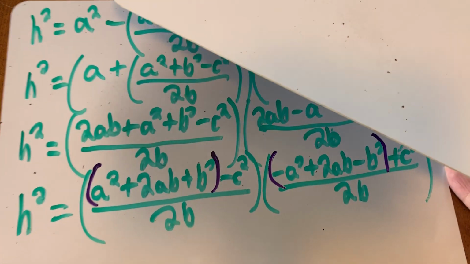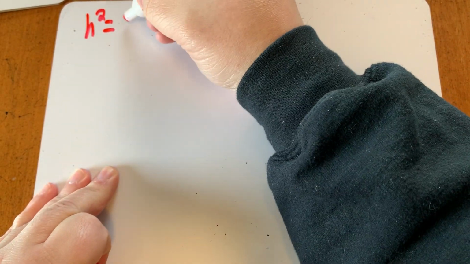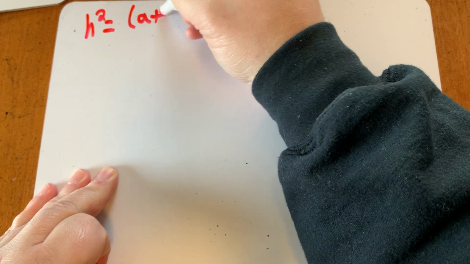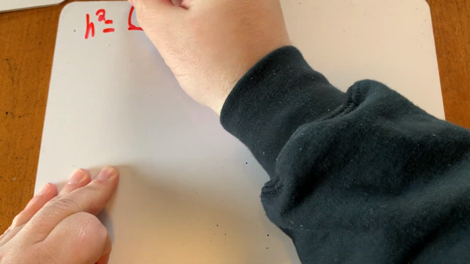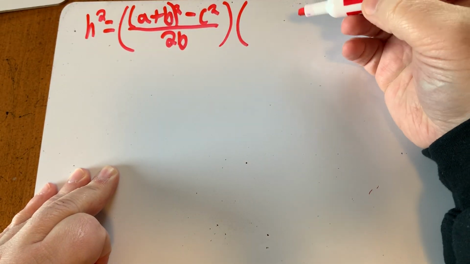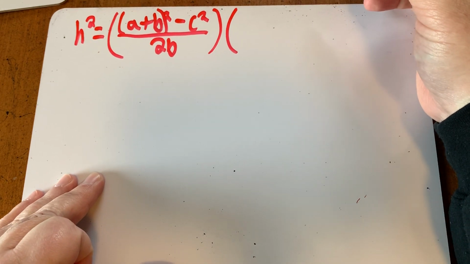Gonna need some more room. So now what we have is h squared equals (a plus b) squared minus c squared over 2b. And then it was negative (a minus b) squared plus c squared.